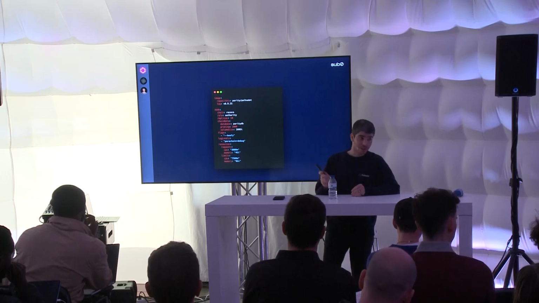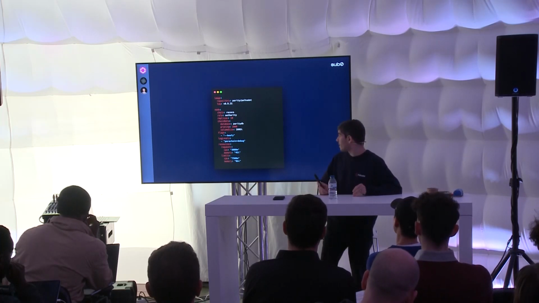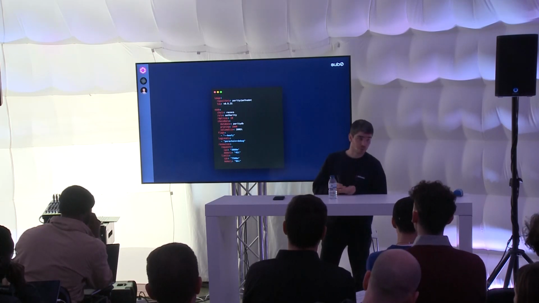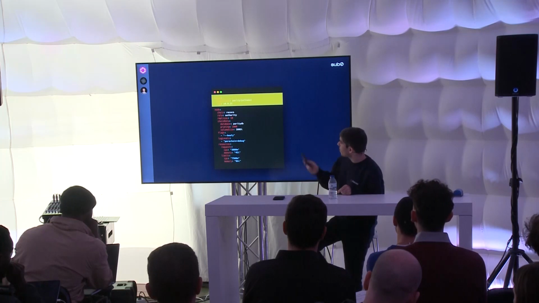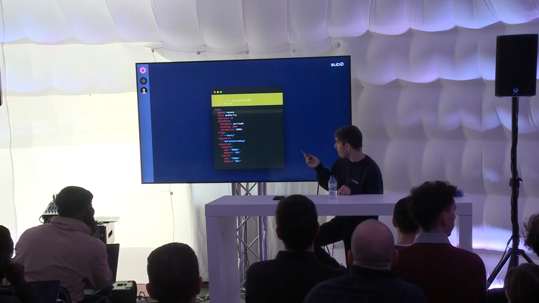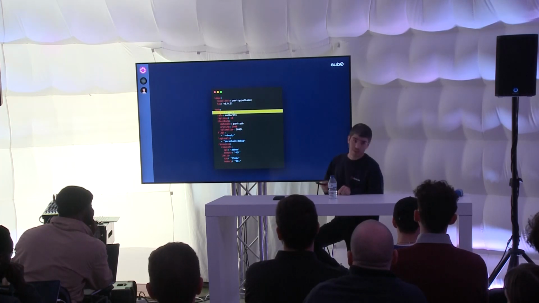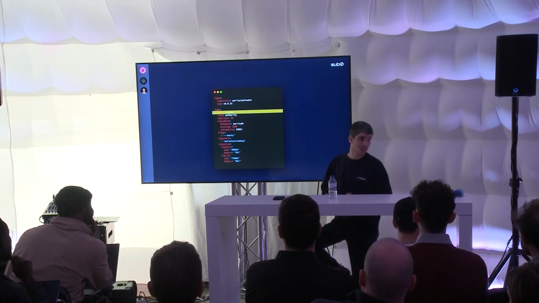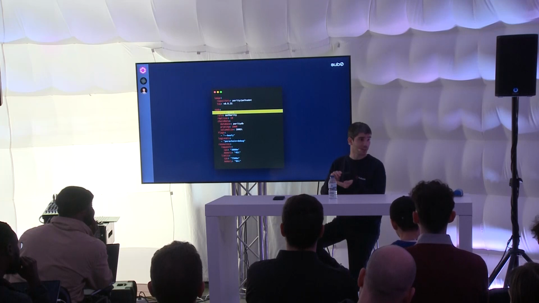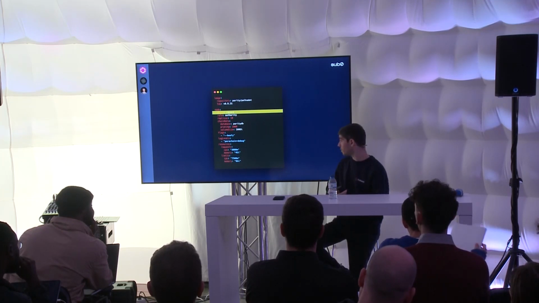So this is what it looks like. As you can see, you just have this very simple YAML file, and you use Helm to deploy your node to Kubernetes. On this part, you have just the Docker image and the tag. Here you will specify the chain you want to connect to, and then this config translates to a set of command line flags that will be set on your node.